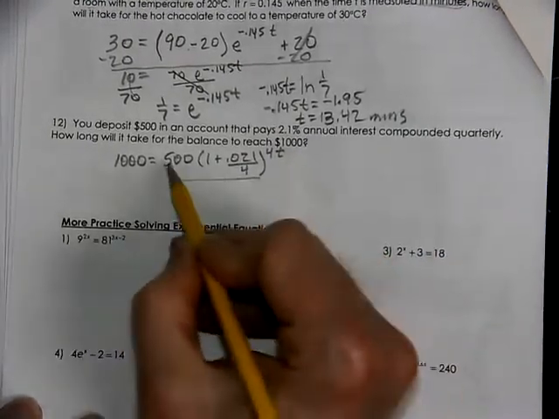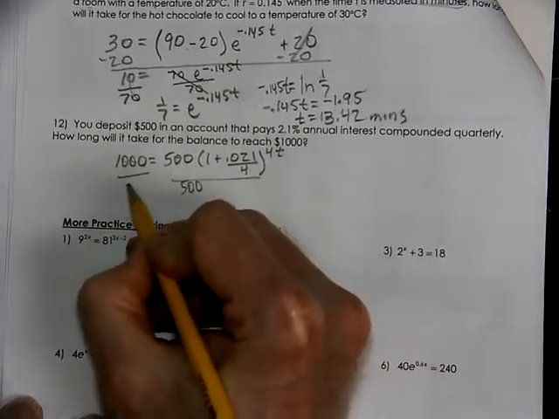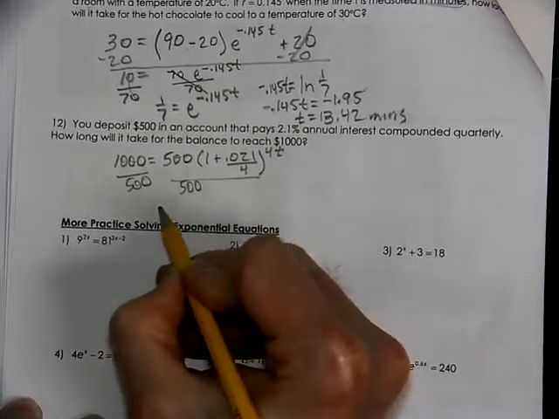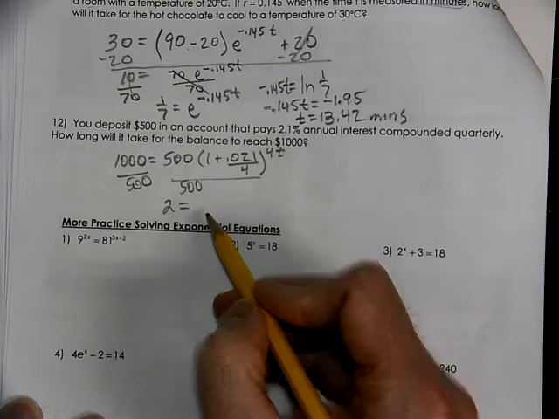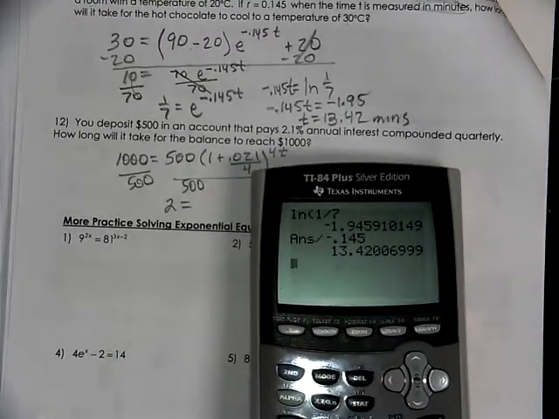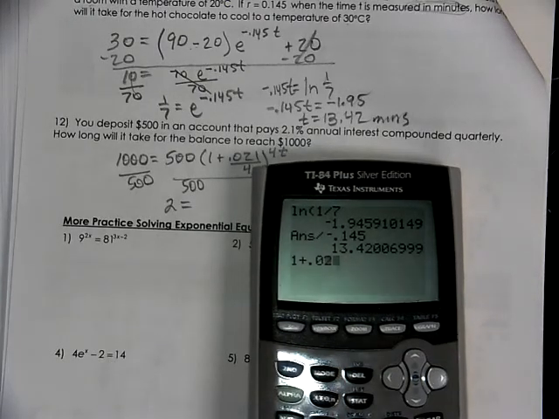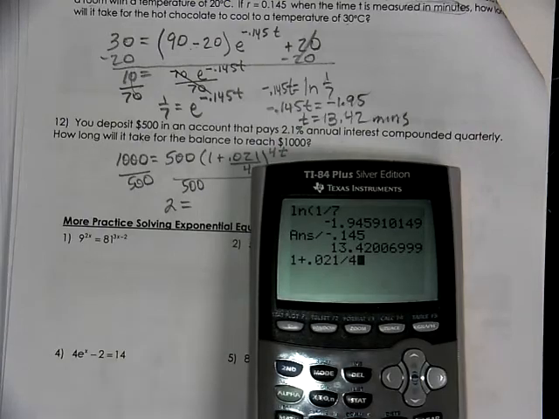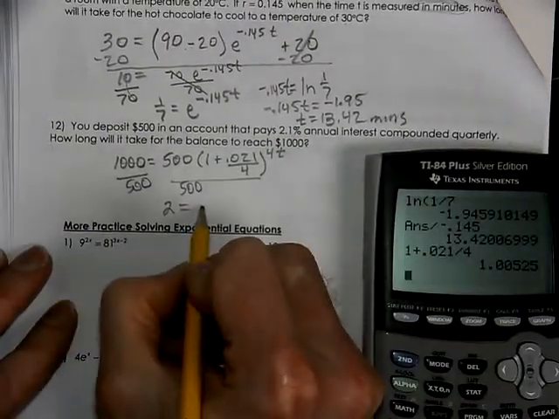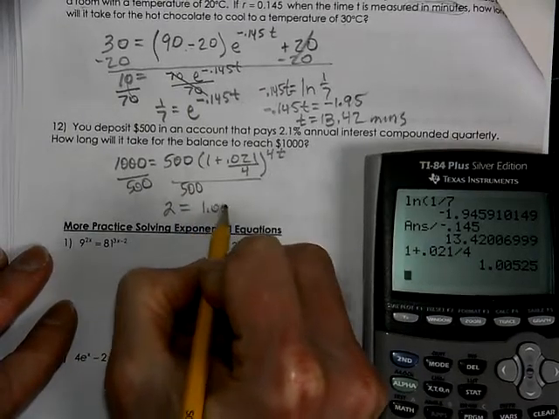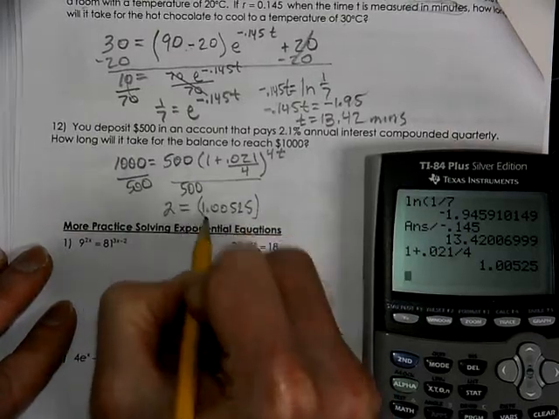So we would first divide by 500. That, of course, equals 2. We have our 1 plus 0.021 divided by 4. That gives us our decimal version, 1.00525. We'll keep it as exact as we can.